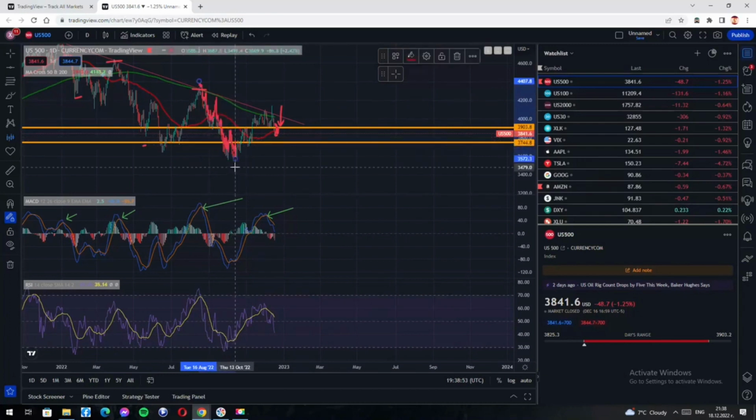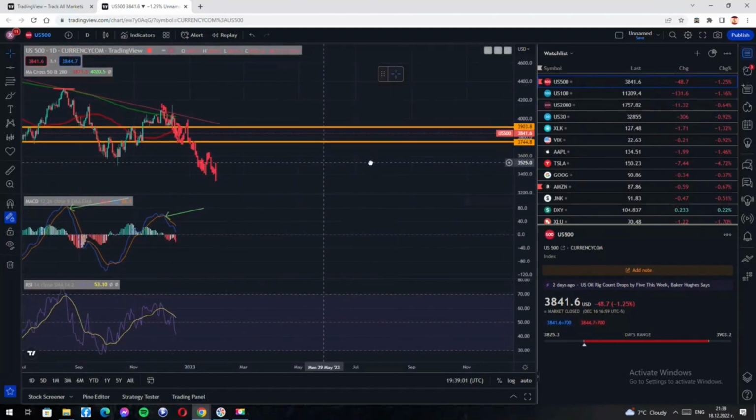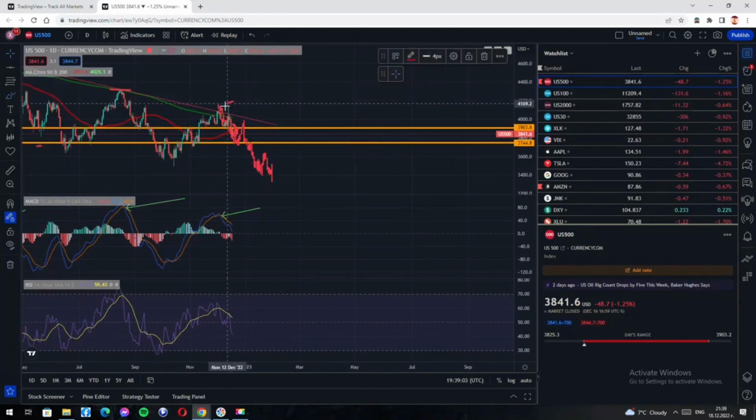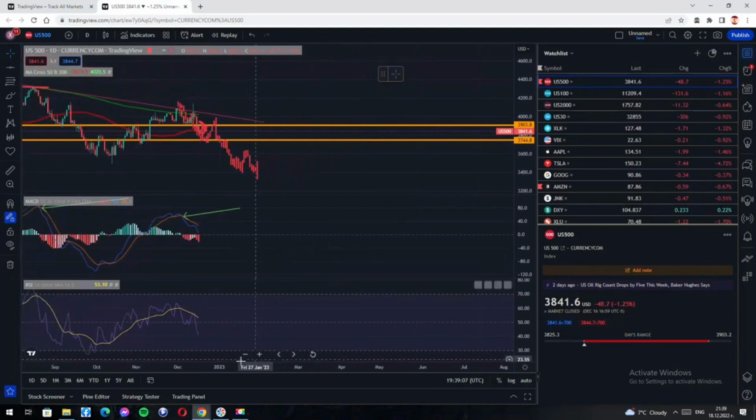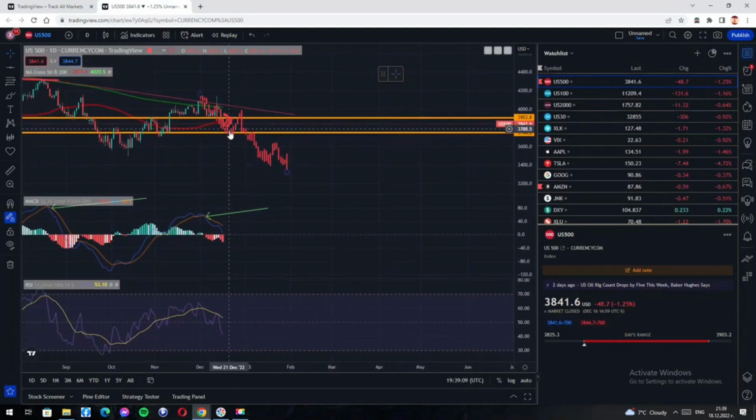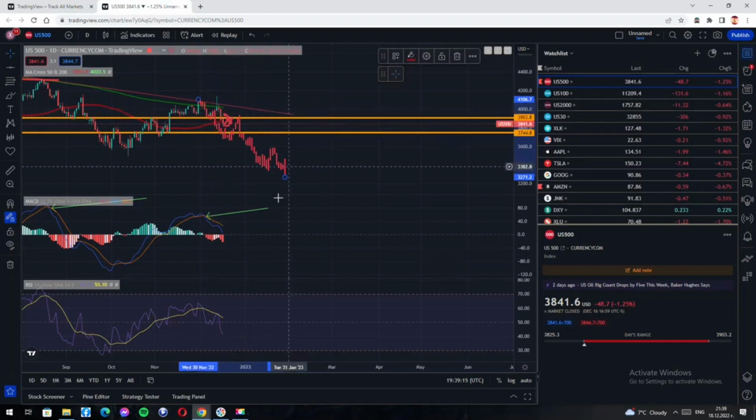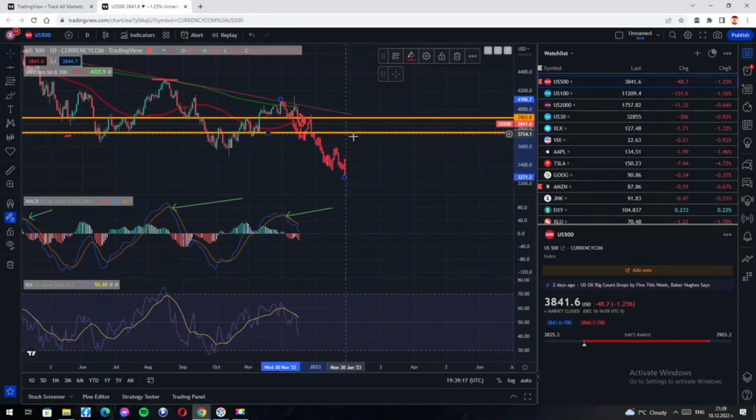As you can see, this move, if we extrapolate this right here, if we exclude this nasty bull trap which happened with the CPI, the chart has been going with this almost perfectly, down, up, and now down. So I believe what will happen during the next weeks is we'll be retesting 3,900.